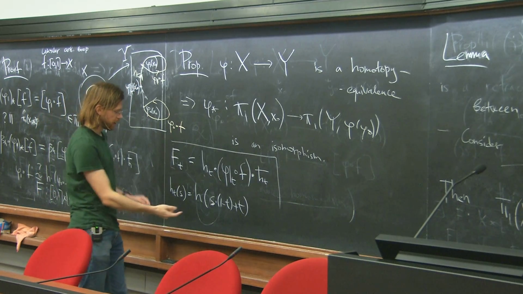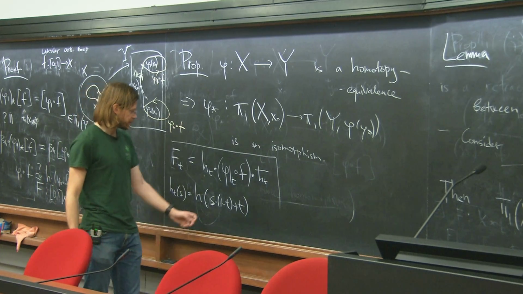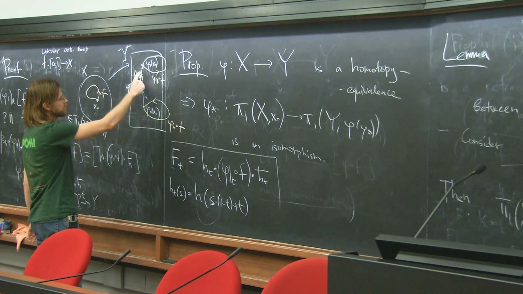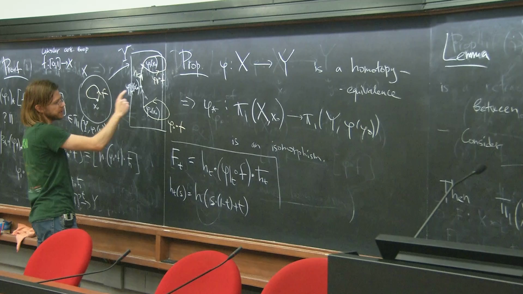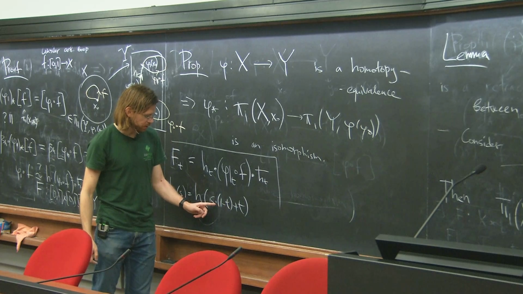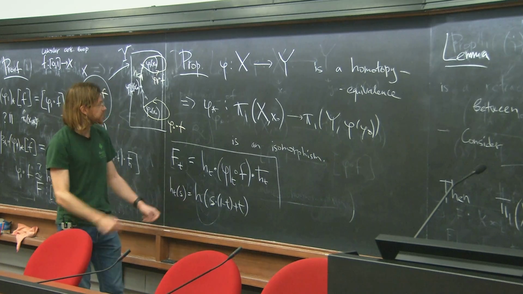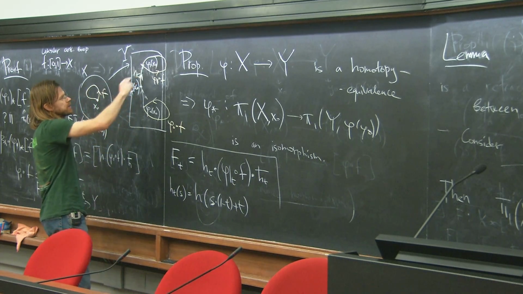Also, if I take t equals 0, this becomes the full H, as we want. And when I take t equals 1, we have just H of 1, so this becomes constant in s. So this is a path which just stays at this point.